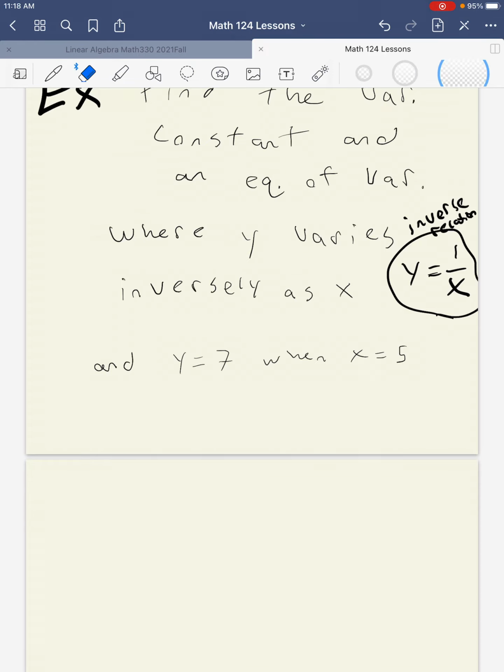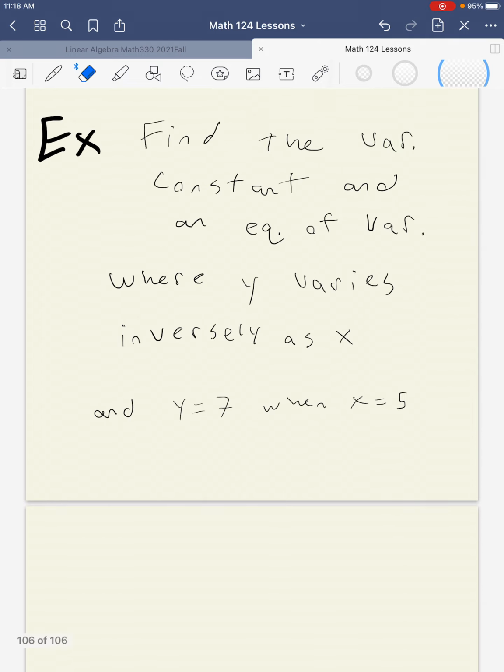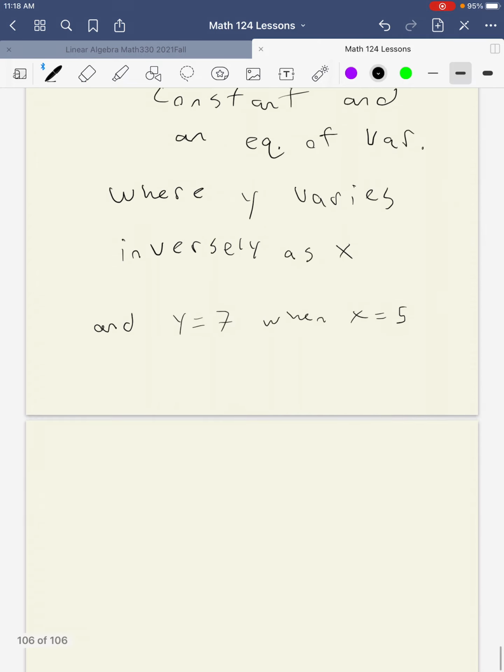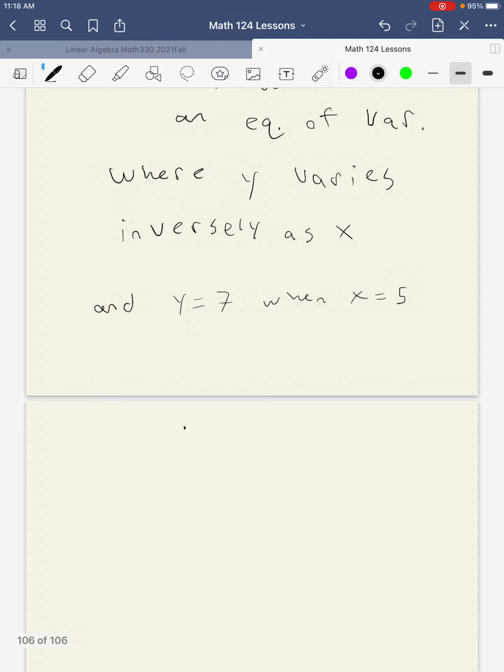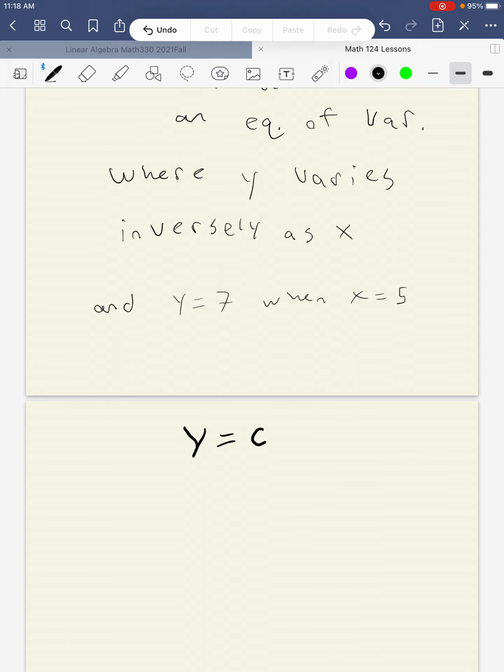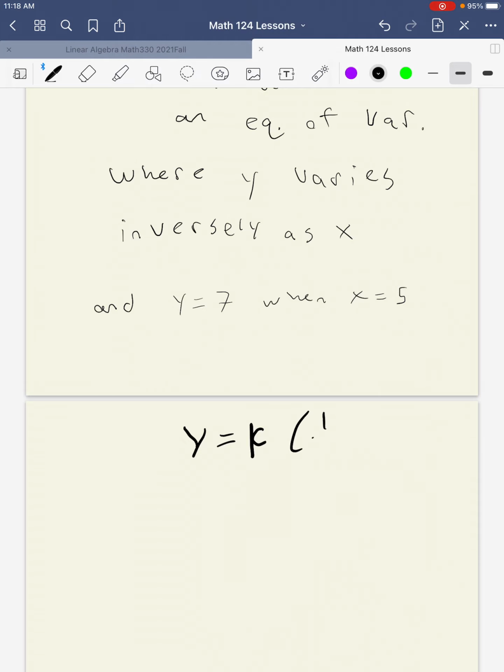Okay, but we also have a constant, right? The constant of variation. So that just means we multiply by some constant, we could call it k. And then we have the inverse.